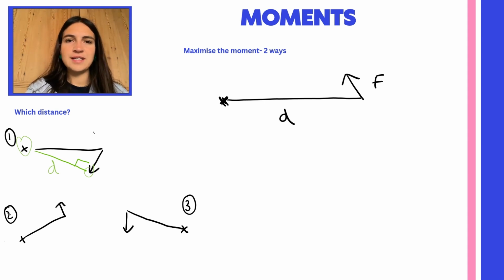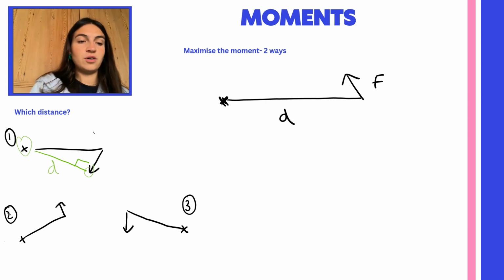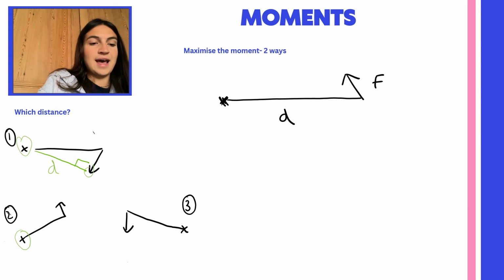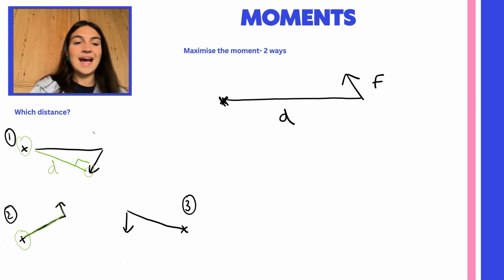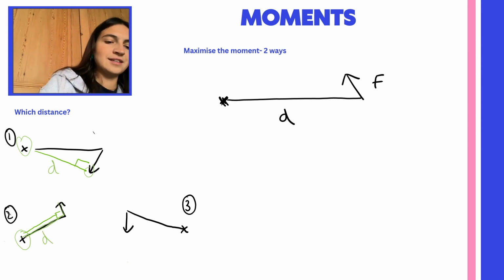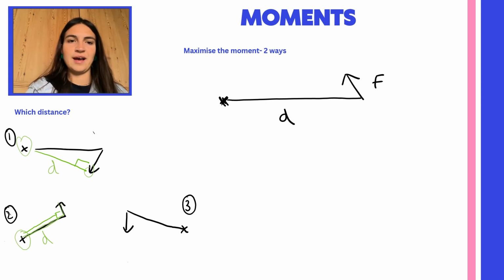Let's do another couple of examples. So example 2, I've drawn this on a slant. So the pivot is there, and the line that I have given to my force is that line there. Now, in this instance, actually, that force is already perpendicular to that line that I've given. So that is the distance that we're going to use, that line drawn in there.